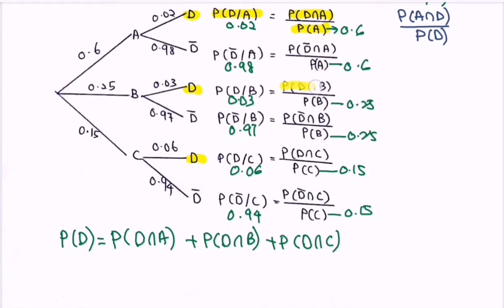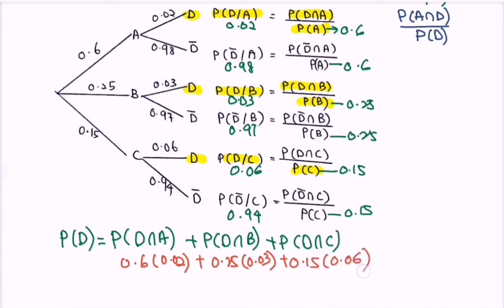In order to find the probability of D intersect B, we have to cross multiply the probability of D given that B has occurred, multiplied with the probability of B. Again, repeat the situation: cross multiply the probability of D given that C has occurred with the probability of C. So here, our answer would be 0.6 multiplied by 0.02, plus 0.25 multiplied by 0.03, plus 0.15 multiplied by 0.06.